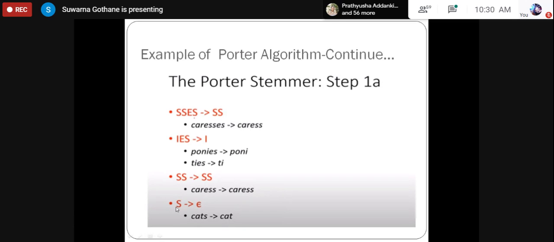If a word ends with a single S, we do not consider that S, so dogs and cats become dog and cat. This is Porter stemmer step 1A.